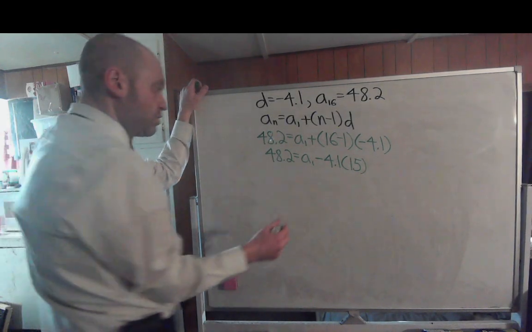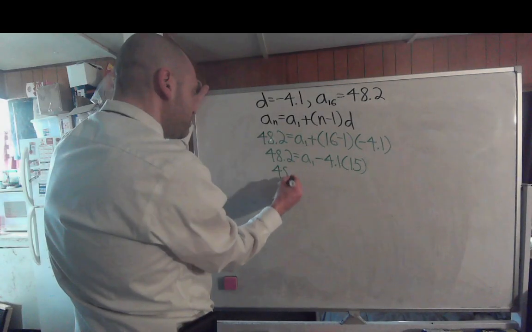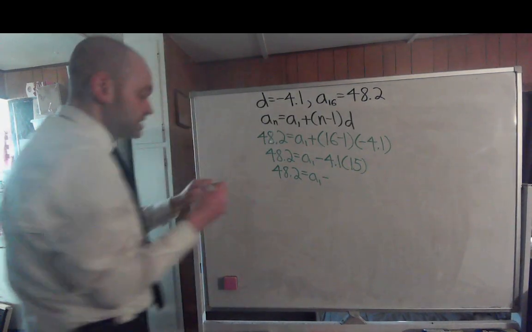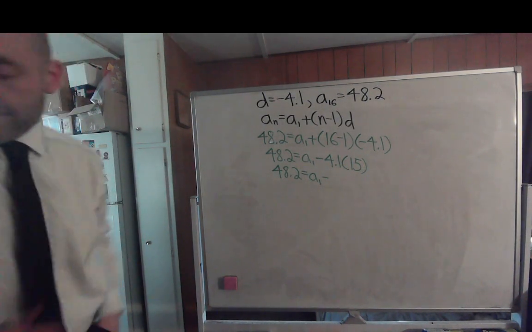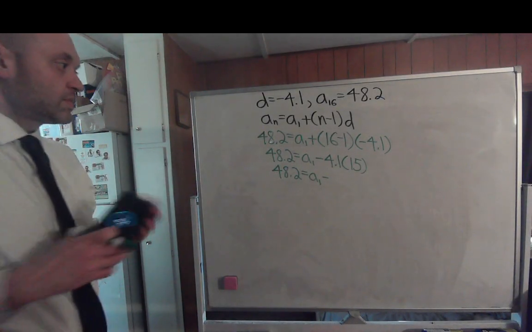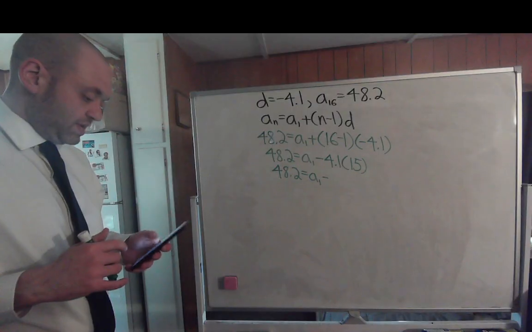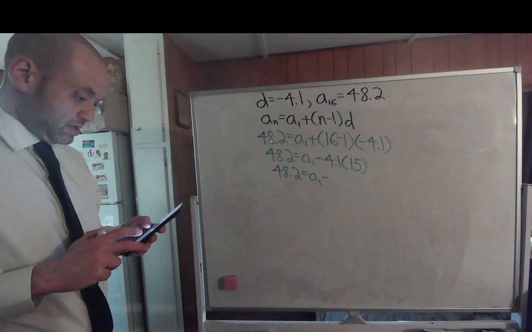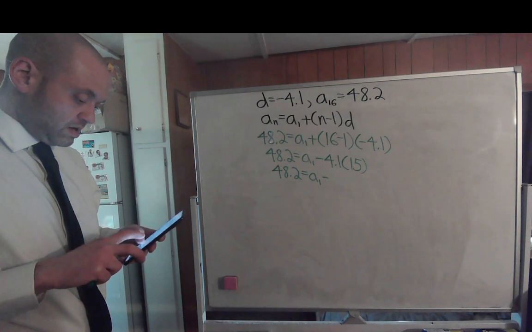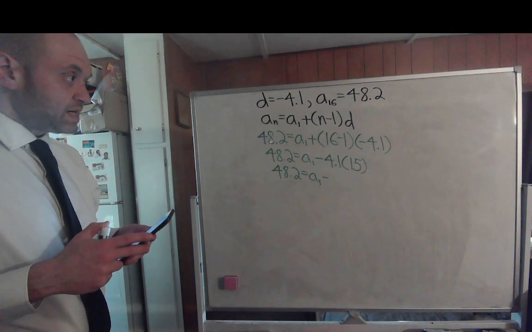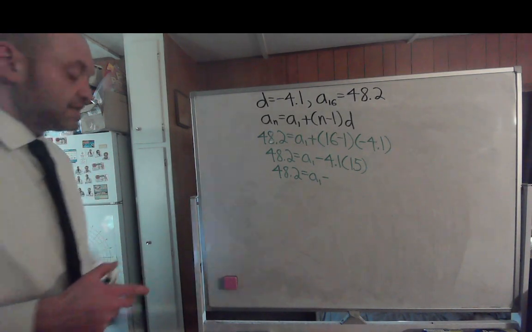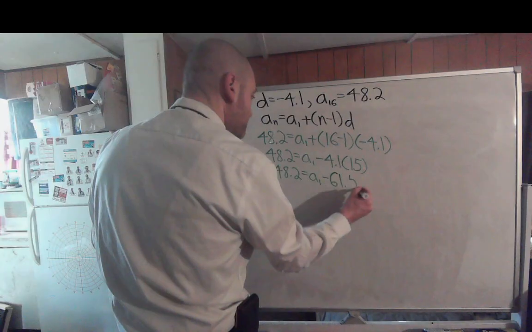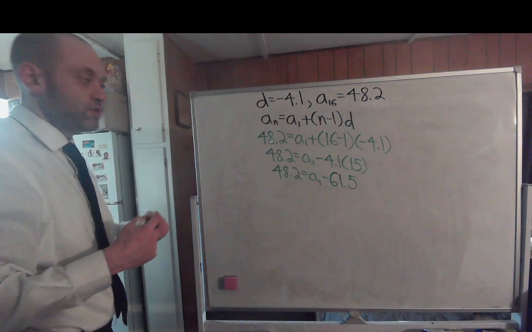All right, so 48.2 equals a sub 1 minus, let's figure this out. Let's figure out what that a sub 1 is going to be. Well, 4.1 times 15, if you negate that, it's 61.5. So you'll end up having a sub 1 minus 61.5 on the right-hand side.